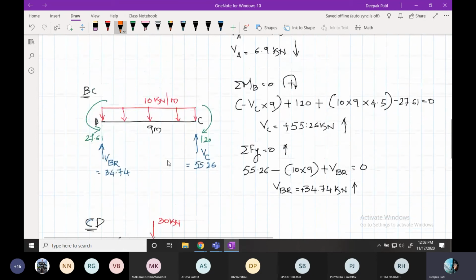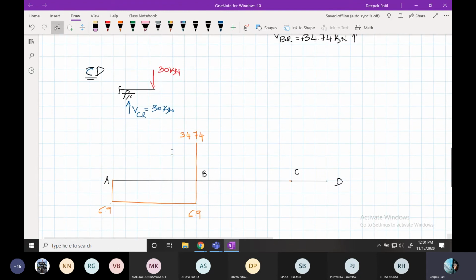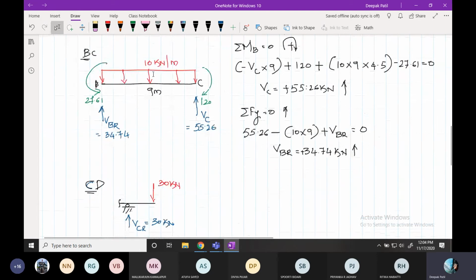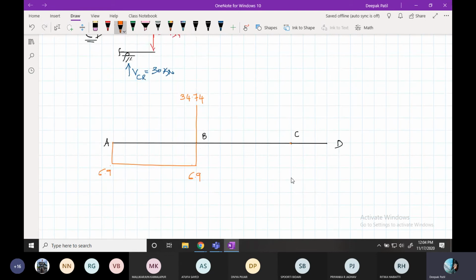Then you have to see span BC. In span BC, VBR is upwards 34.74, so you should go up by 34.74. Now just before point C, the shear force should be plus 34.74 minus 10 into 9, so you will end up with minus 55.28.